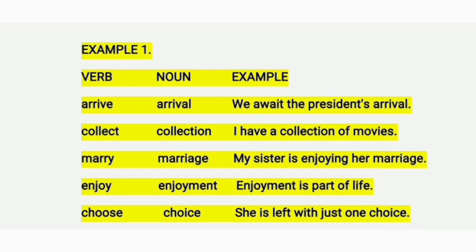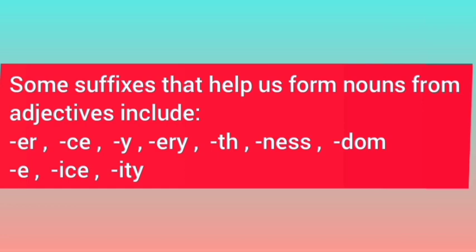So in the examples, you have seen how we are able to use suffixes at the end of words that originally were verbs to make them become nouns. Just take a look at collect. Collect is a verb, an action. Now we have collection. I have a collection of movies.